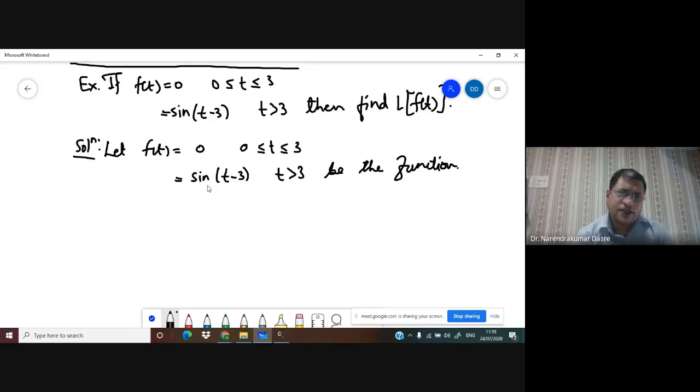Once we understand this is a delay generating system, the only property related to it is the second shifting property, so there will be no confusion. Directly you can say this is the second shifting property. So we can write, by second shifting property.